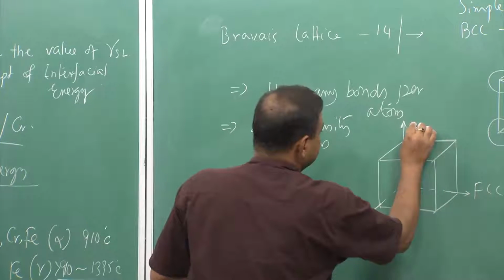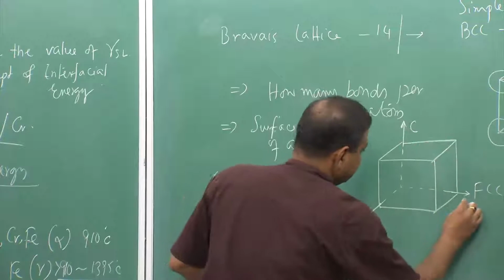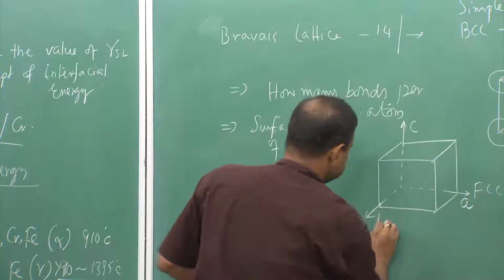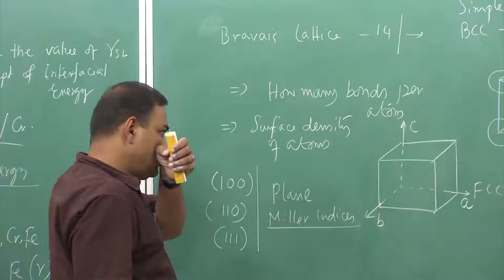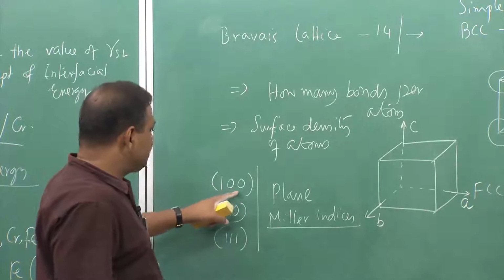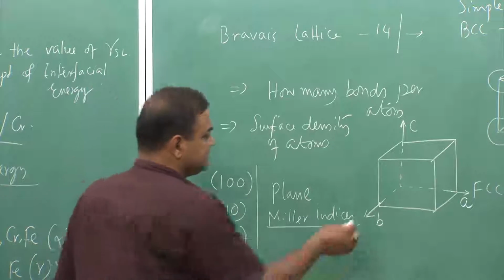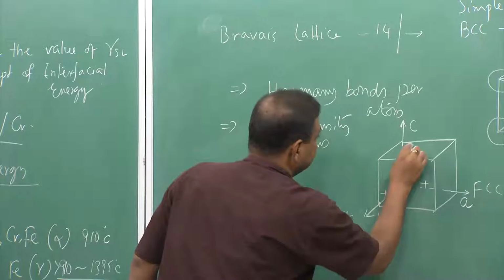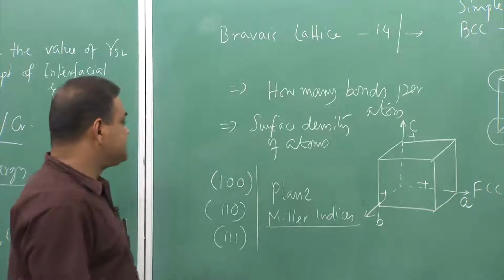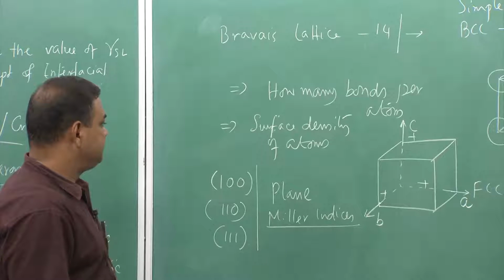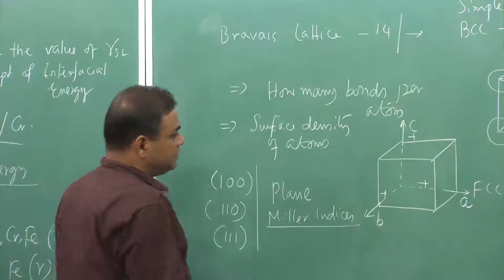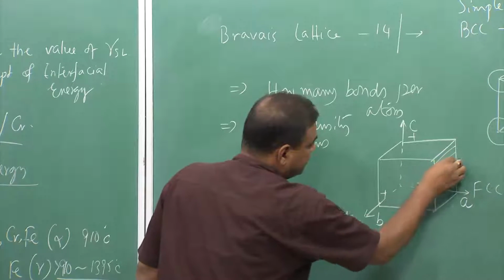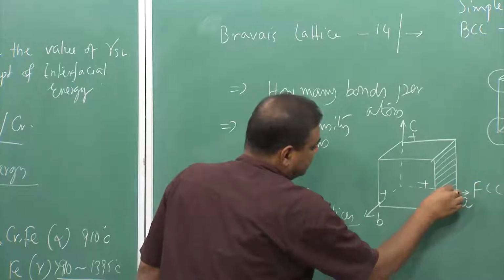This is the C axis, which is Z, this is A, and let us say this is B. And let us say these are all positive directions. So, the 1, 0, 0 plane would be this plane.